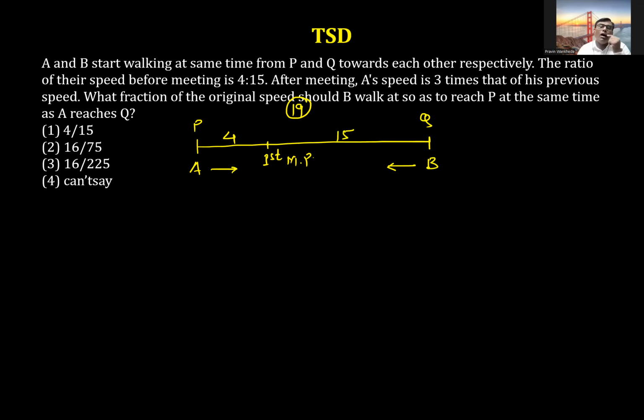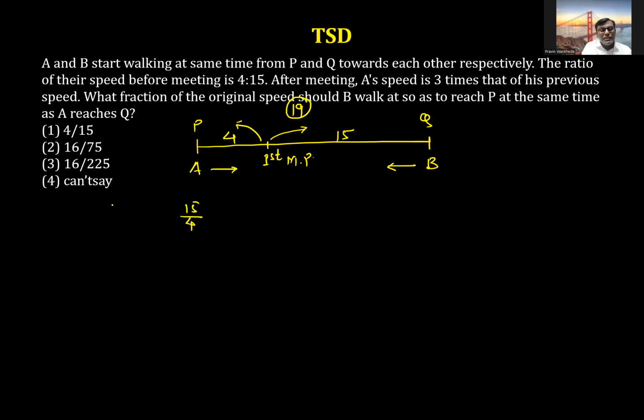What has happened after this? After their meeting, of course, A will go in this direction and B will go towards P. Now A has increased his speed 3 times. So I need to understand what should be the original time taken by A to reach Q. He has to cover 15 parts with the speed of 4.